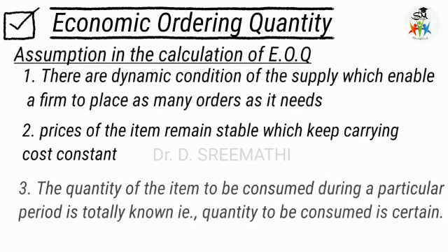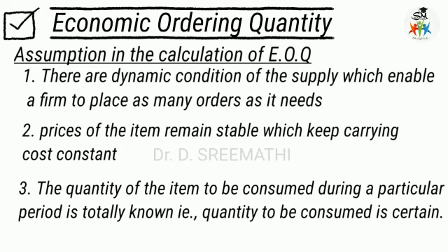And the next one is that the quantity of the item to be consumed during a particular period or year is totally known. That is, for 1 year how much material is required for production is known, and the quantity to be consumed is very much certain. So in this condition the economic order quantity is to be calculated.